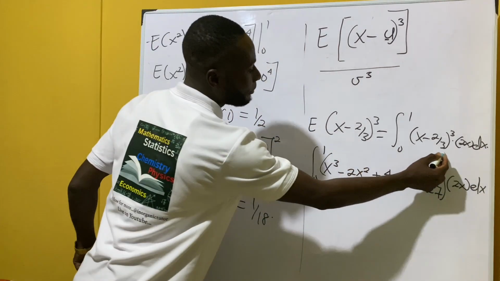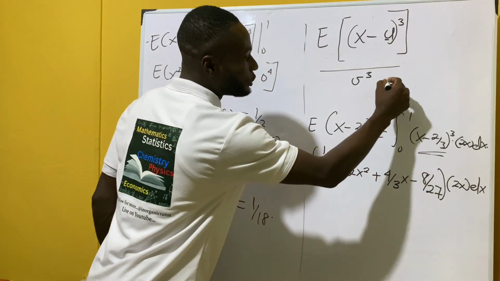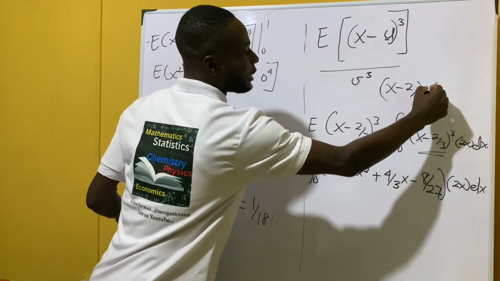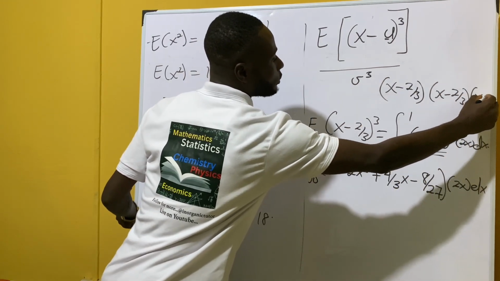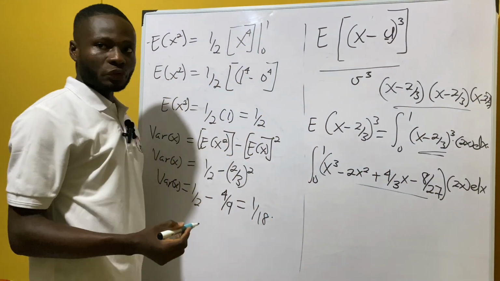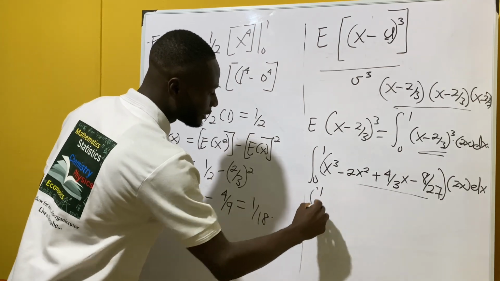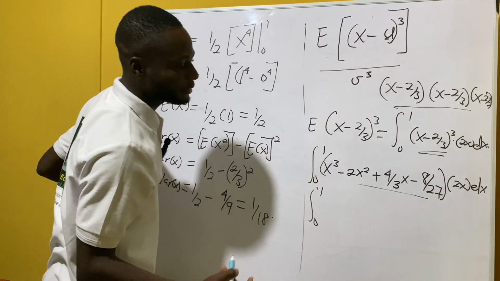This is actually a binomial expansion. You can equally use (x minus 2/3) three times, and also land on the same solution.